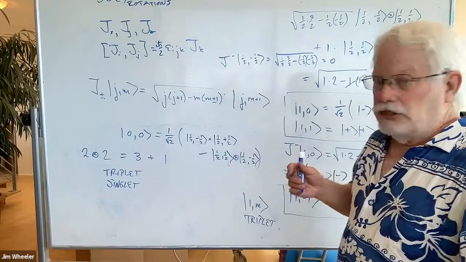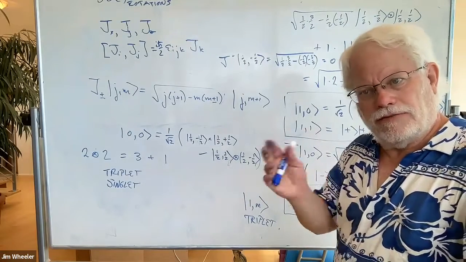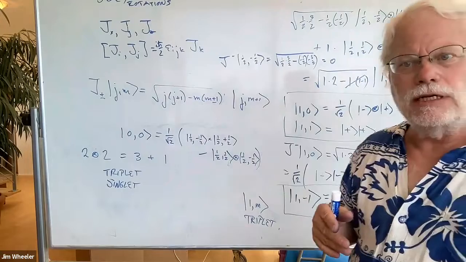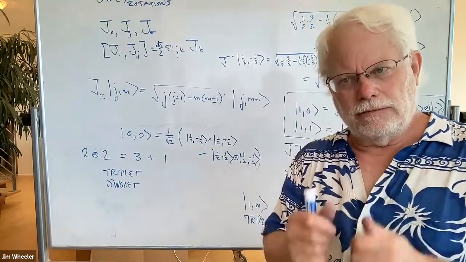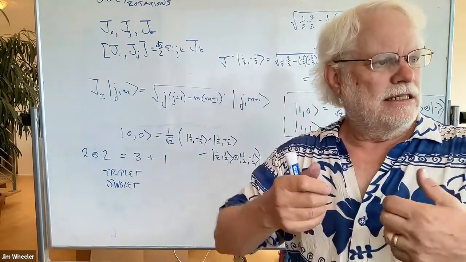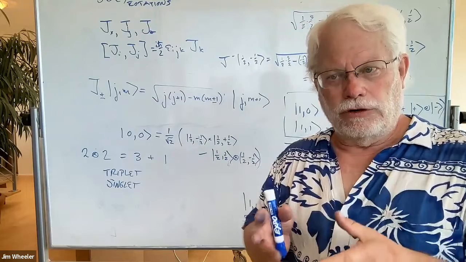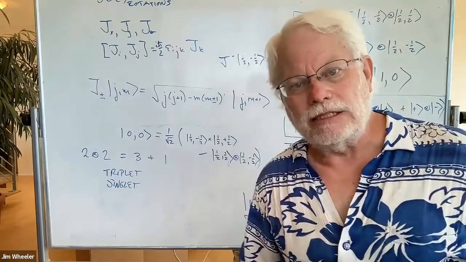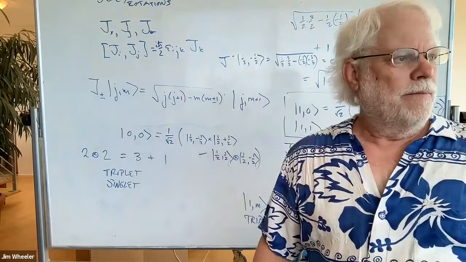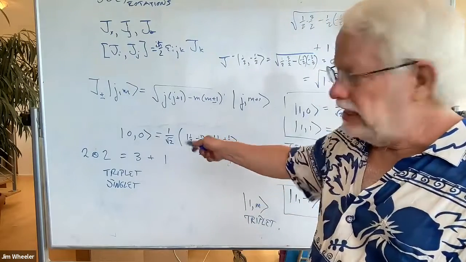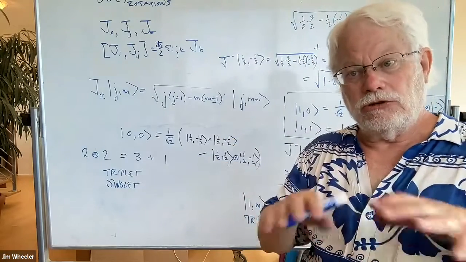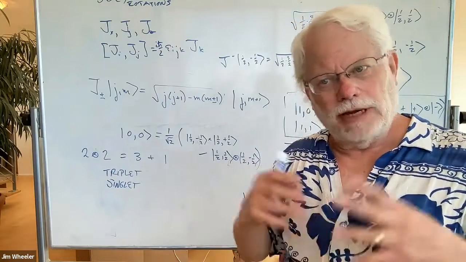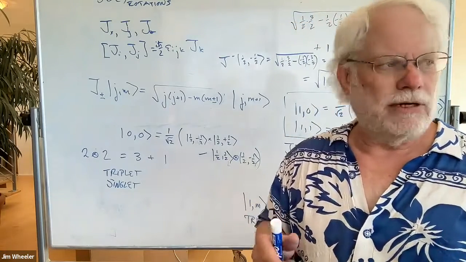Now, these are fermions. We know that the fermion wave function, the total wave function, has to be antisymmetric. So if we have a symmetric spin state for the triplet, then the spatial wave function has to be antisymmetric. On the other hand, the singlet state is antisymmetric, and so it's going to have a symmetric spatial wave function in order to make the total antisymmetric.